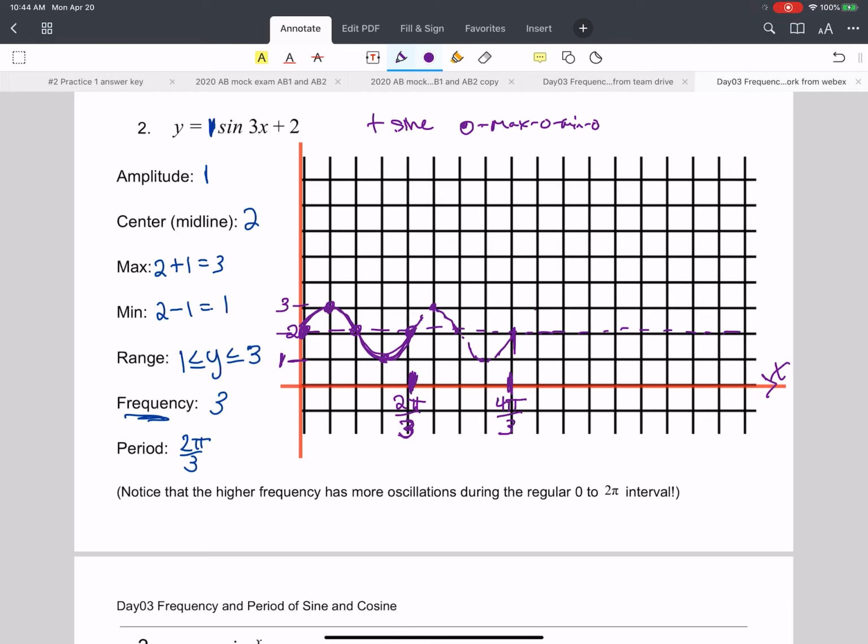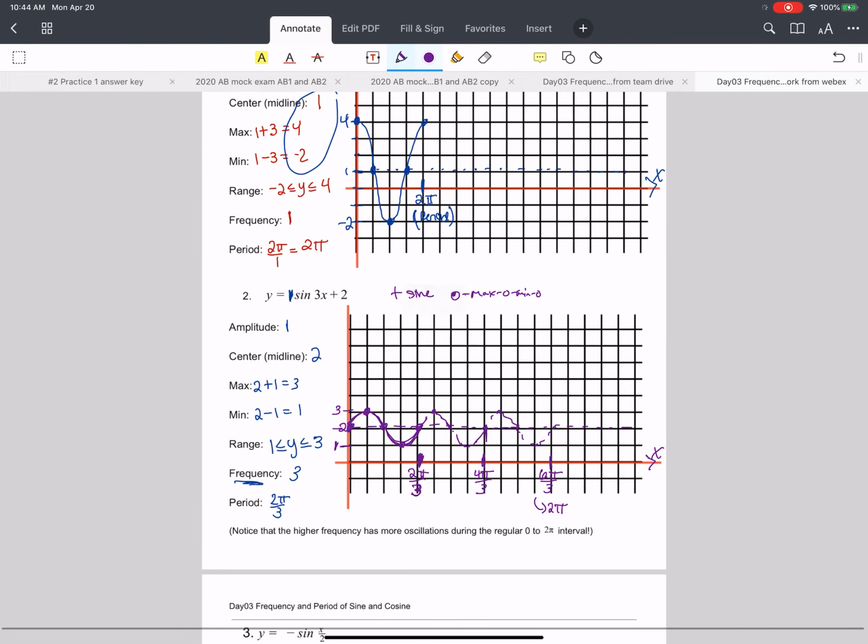And if I was to keep going, max, 0, min, 0, here we go, it would end up here, right? So that would be plus another 2 pi over 3. So that would be 6 pi over 3. Wait, 6 pi over 3 reduces to 2 pi. Well, that makes perfect sense because that is what the frequency is.